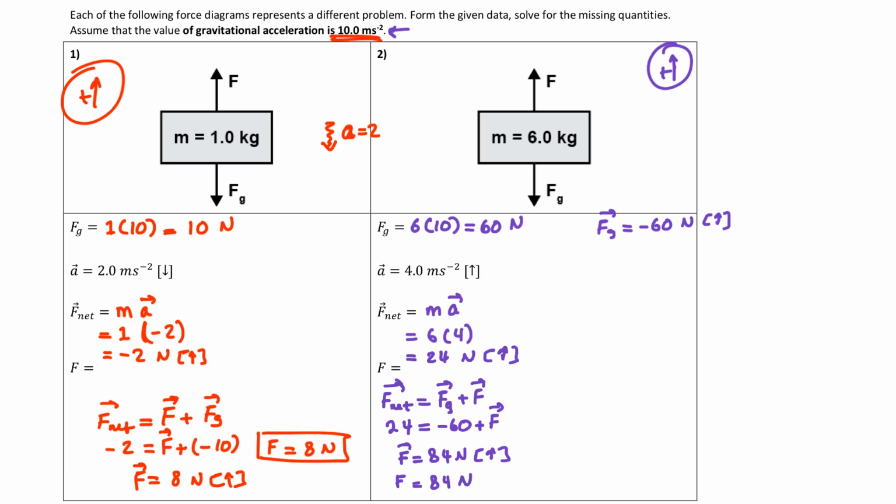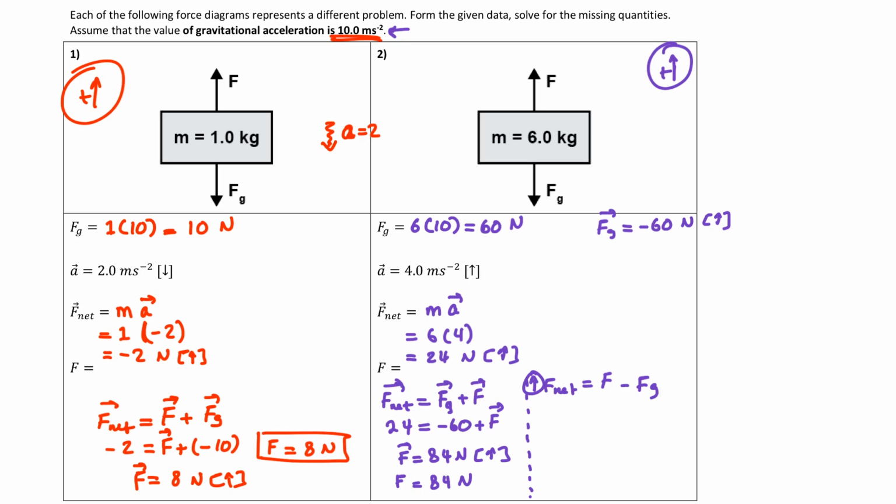You can alternatively do this with just concepts, and Fnet in terms of its value, if we're taking up to be positive, is going to equal 24. I'll write the values in a second, but Fnet is going to be whatever this force is subtracted by this force in terms of magnitude. So this is F minus Fg. Note that I'm not using vectors anymore.